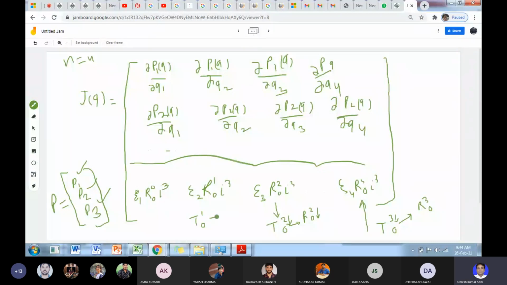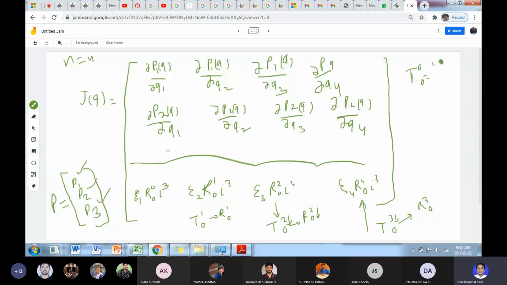That will give you the R10. Okay, and always T00 will be the identity matrix of 4 by 4.